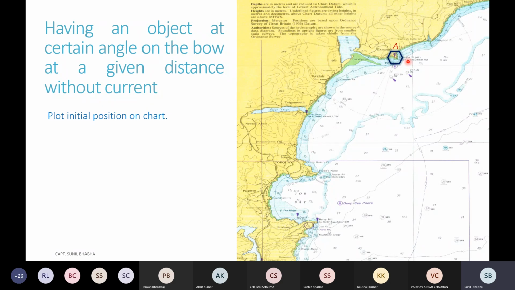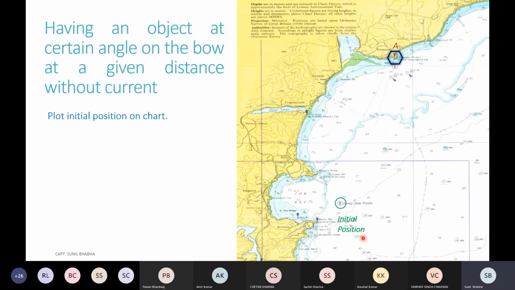Now let's plot the initial position which is given to us. So you can see the initial position here in this particular location at deep sea pilot point. So this is our initial position.